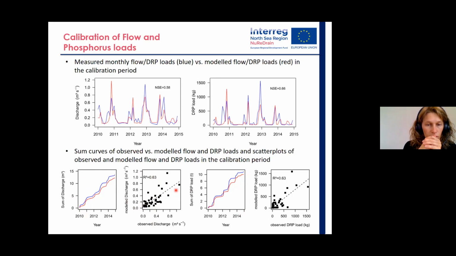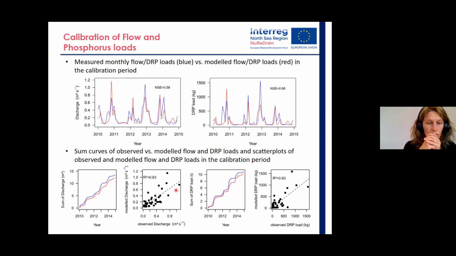However, as I told earlier, it is not sufficient to interpret the model results by those mathematical values only. That's why we had to consider the flow components as well.